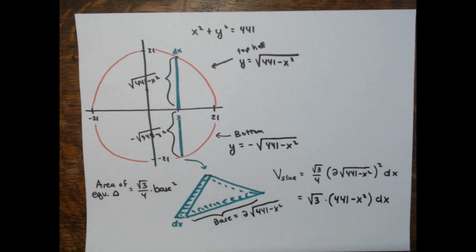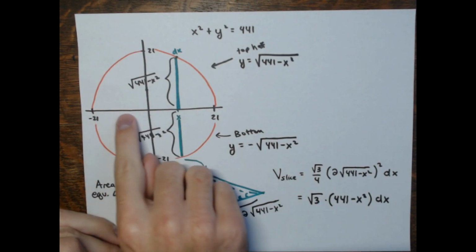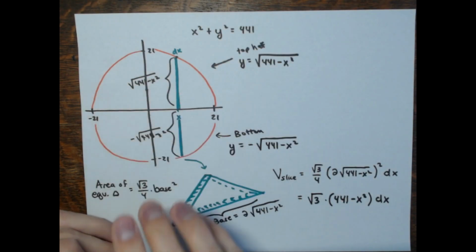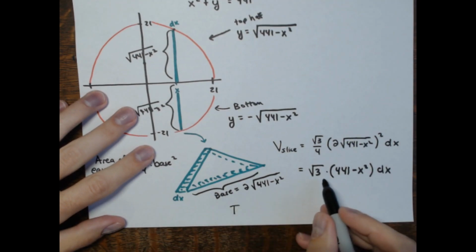And now you can use symmetry, because again, this is another even function here. So instead of going negative 21 to 21, I can go from 0 to 21, find that volume, and then just double it. But this one I'll put in Desmos, because once again, I have a little polynomial here.